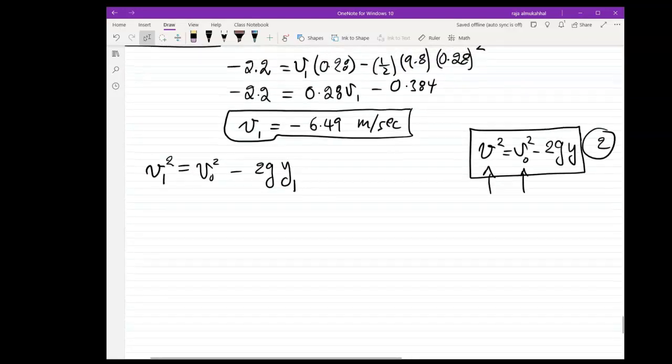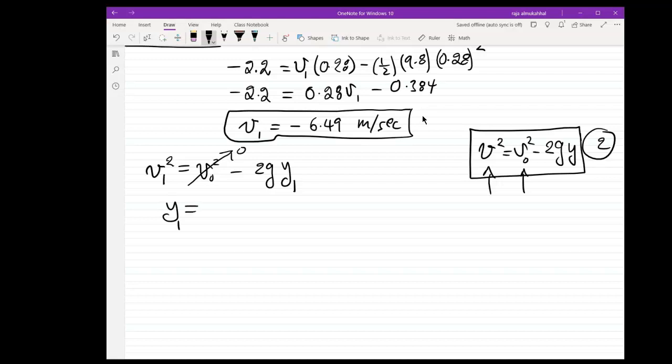All right, so this v naught squared is 0, and I have everything really. I just need to find y1, so that will be equal to v1 squared over minus 2g, and all I need to do is to plug it in. Of course, I'm going to get a negative answer, which is expected.